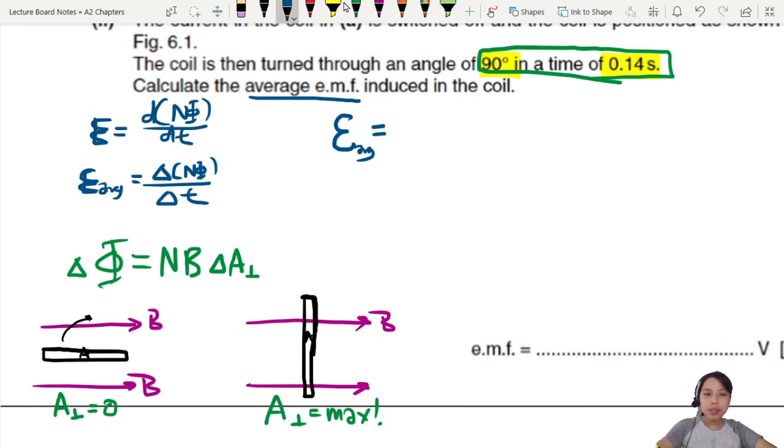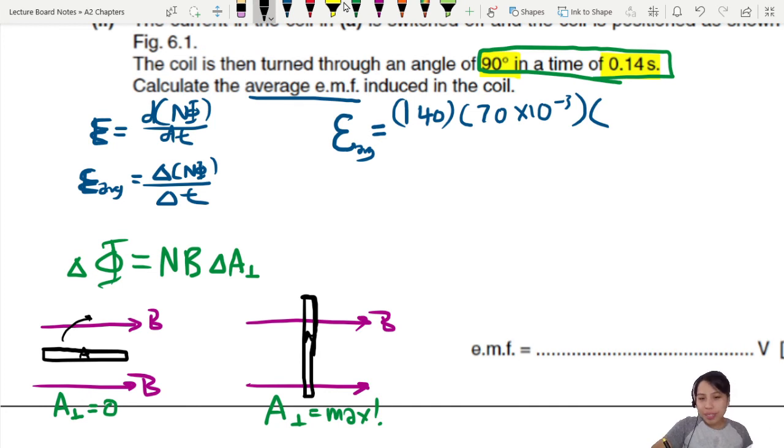delta. So we're going to do NB delta A. So N is 140, right? 140. Magnetic flux density B is 70 times 10 negative 3. Now the change in area. Gotta remember your coil is a 3D thing.